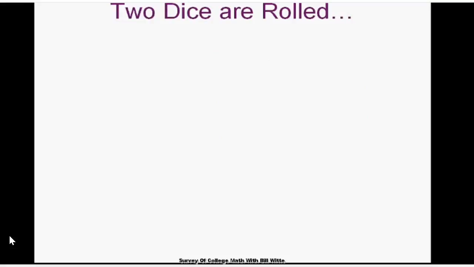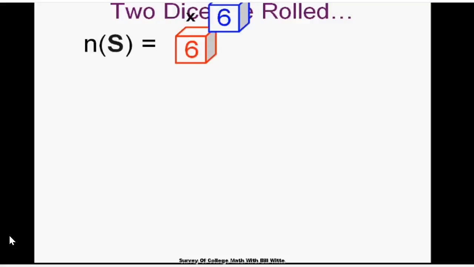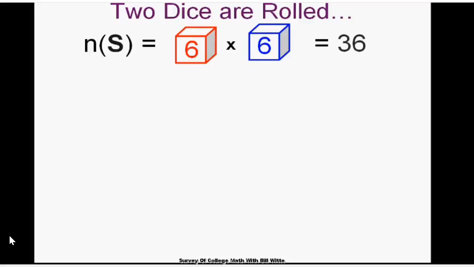Let me try one. We have 2 dice rolled this time. Now the sample space for 2 dice normally would be 6 for the first dice and 6 for the second dice. I'm going to differentiate them as red and blue. The number of things that occur in the sample space is 36, isn't it?